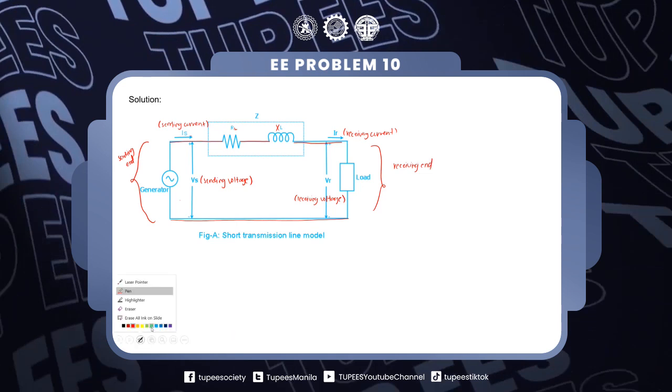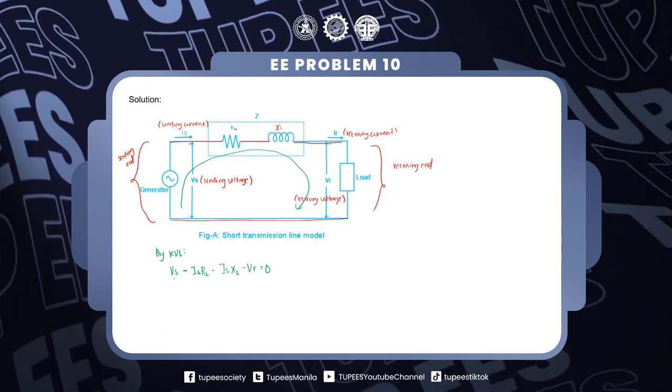Ngayon, kung gagawa tayo ng equation dito via KVL. By KVL, we have Vs minus Is RL minus Is XL minus VR is equal to 0. Ngayon, i-arrange natin.